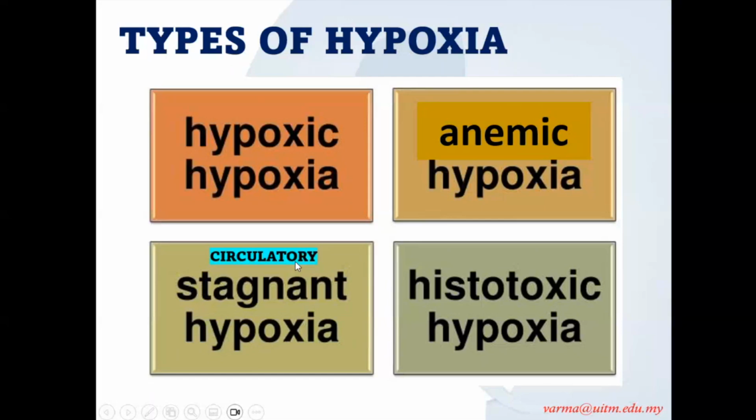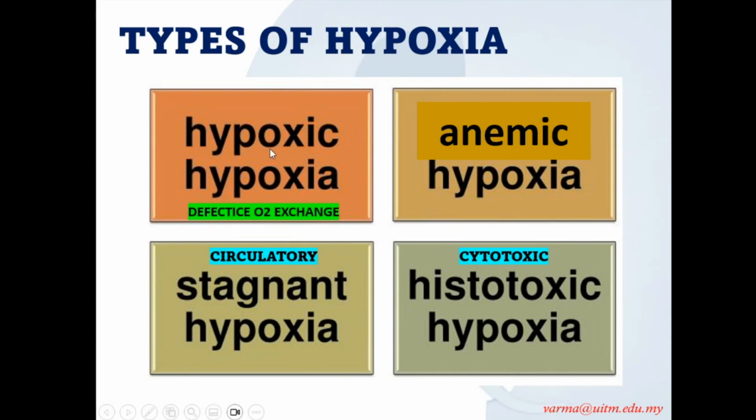Stagnant hypoxia is also called circulatory hypoxia. It means there is a problem in the flow. The flow is stagnant. Histotoxic hypoxia, also called cytotoxic hypoxia, is where the problem is in the cell utilization of oxygen. These are the 4 different types.